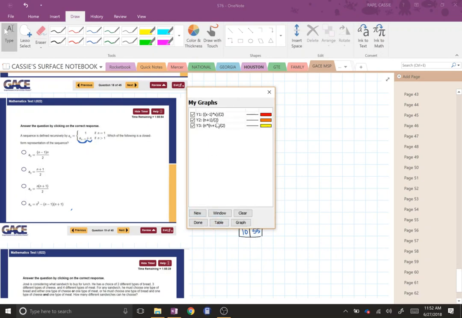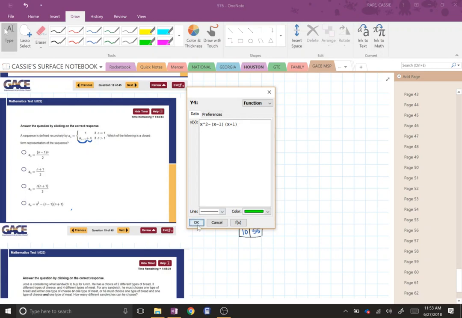Let me cancel this. I did exactly what I said don't do. You can't put n in here, it doesn't know what that is. I need to fix this. X, X, okay. Now I'm going to go to green, the last one, and it's going to be x squared minus, open parenthesis, x minus 1, close parenthesis, open parenthesis, x plus 1, close parenthesis.